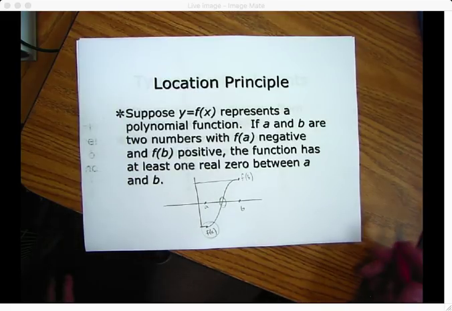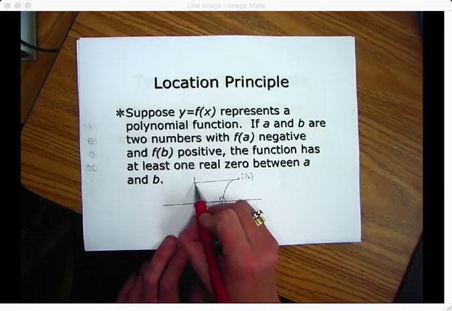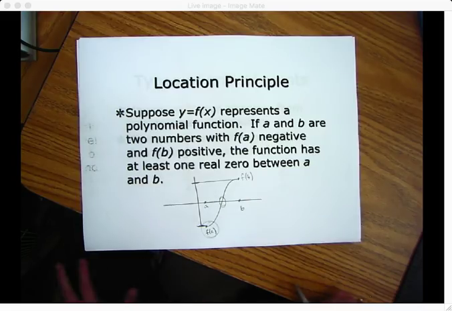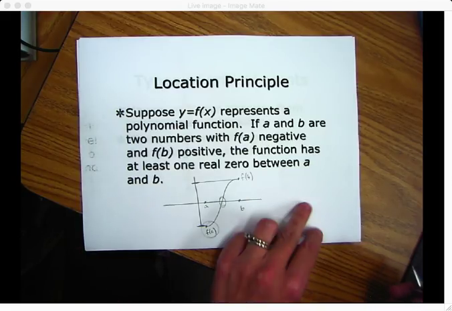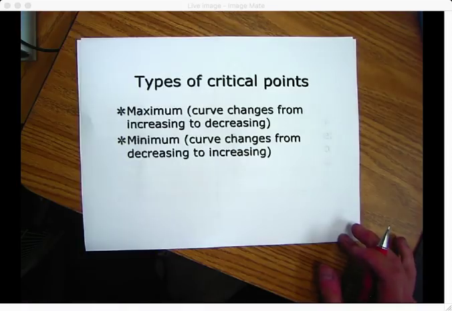It is impossible to go from negative to positive without crossing over zero. This will become very important in just a couple of minutes.